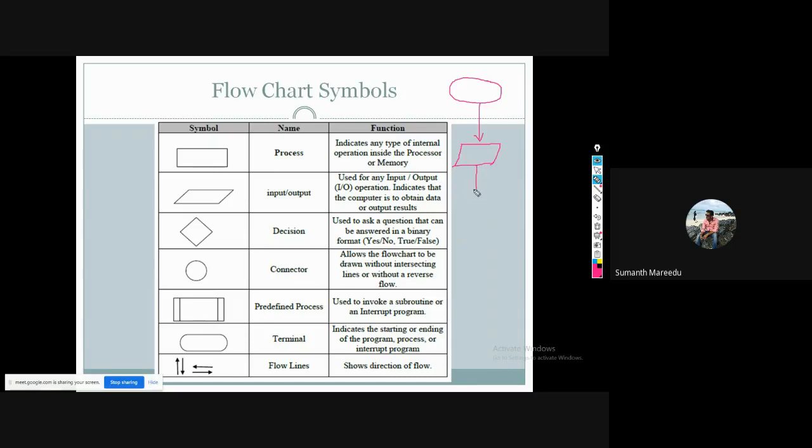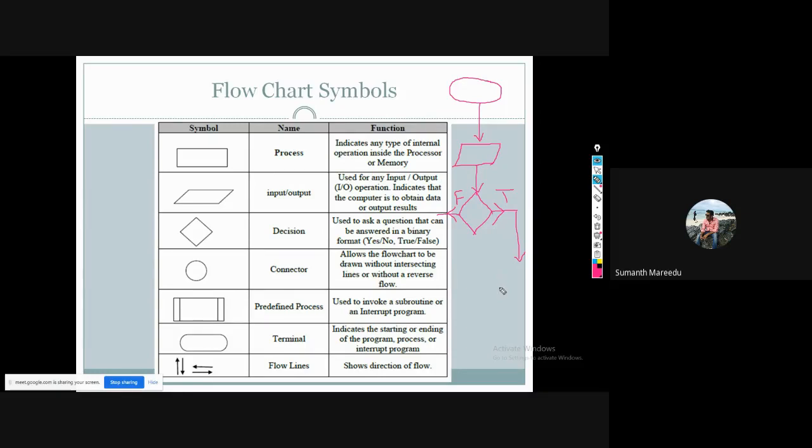And after this input, I'll make a decision making statement. For a decision making statement, the flow may be in two directions, maybe in this direction or maybe in this direction, based on true or false, or maybe based on yes or no. So we'll write these arrow symbols to connect all the remaining symbols.